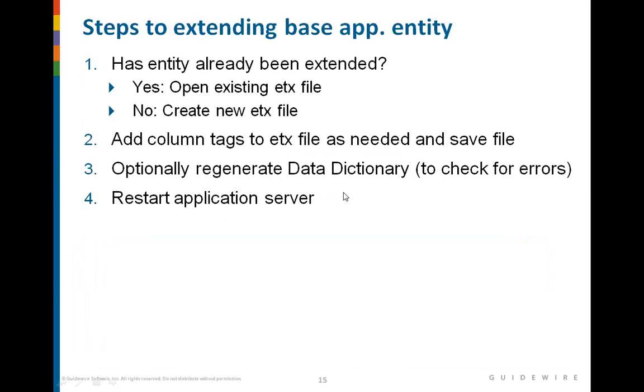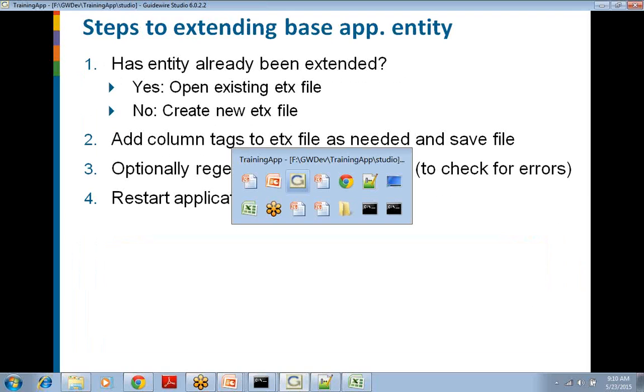Extending, based on this, there are steps. We have to understand if there is an extension already present or not. Has the entity already been extended? If yes, open the existing ETX file. If no, create a new ETX file. So how exactly can you do that?